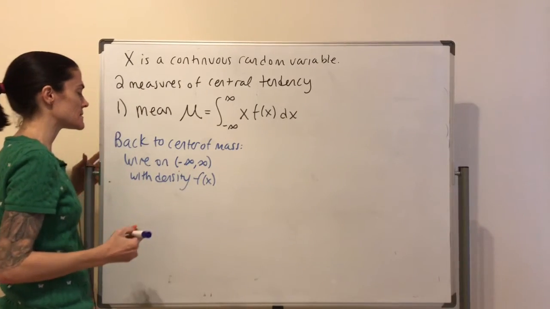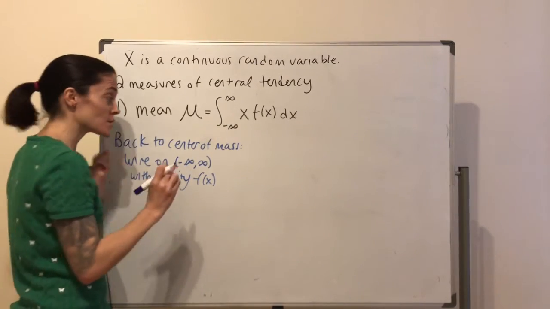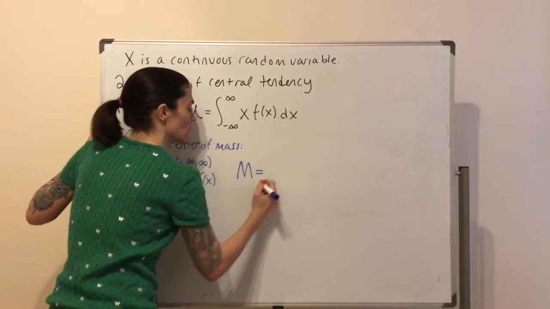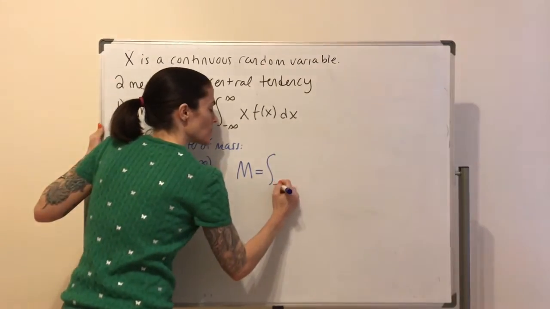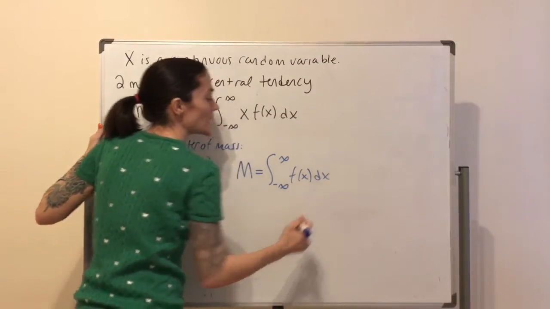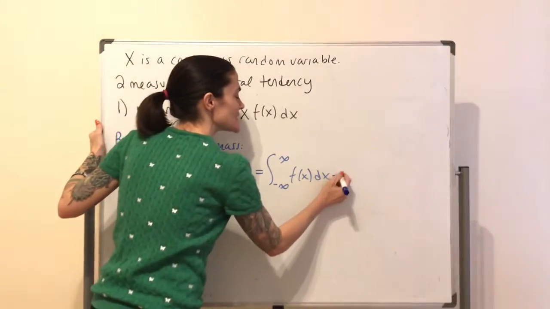In fact, it is. Then you have a wire. First of all, what's the total mass? Capital M, total mass. Well, you just integrate the density function, right? And we know this is a probability density function, and so by definition, this is 1.